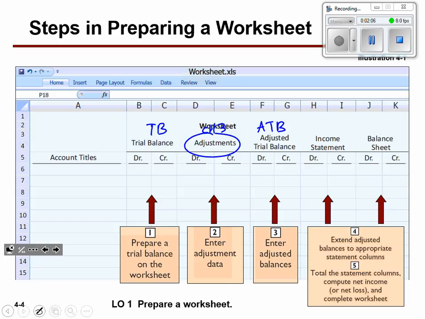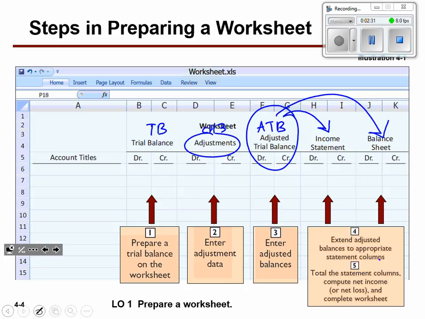From there, you use the adjusted trial balance to either transfer stuff to the income statement or the balance sheet. So the 1, 2, 3, 4 steps. You prepare your trial balance, you do your adjustments, you do your adjusted trial balance. So instead of doing those all separate like what we've been doing, it's all on one spot.